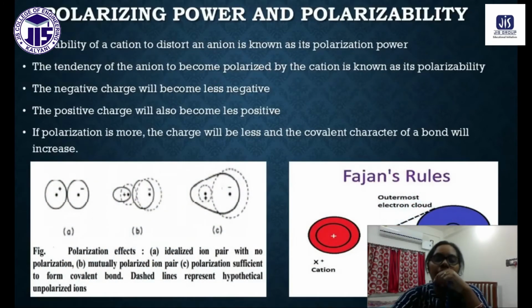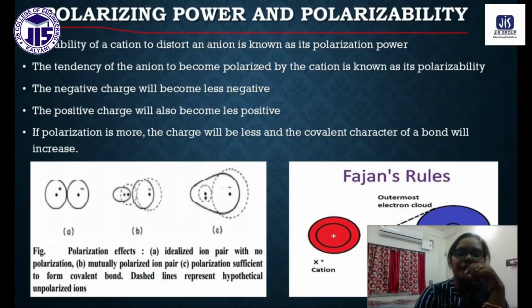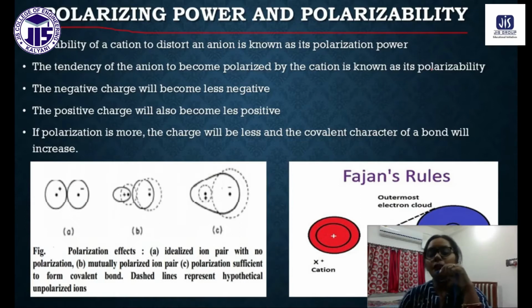Now this is our today's topic: polarizing power and polarizability. Before knowing Fajan's rules, some basic things that you should know are polarizing power and polarizability. Generally, polarizing power is related to the cation and polarizability is related to the anion.